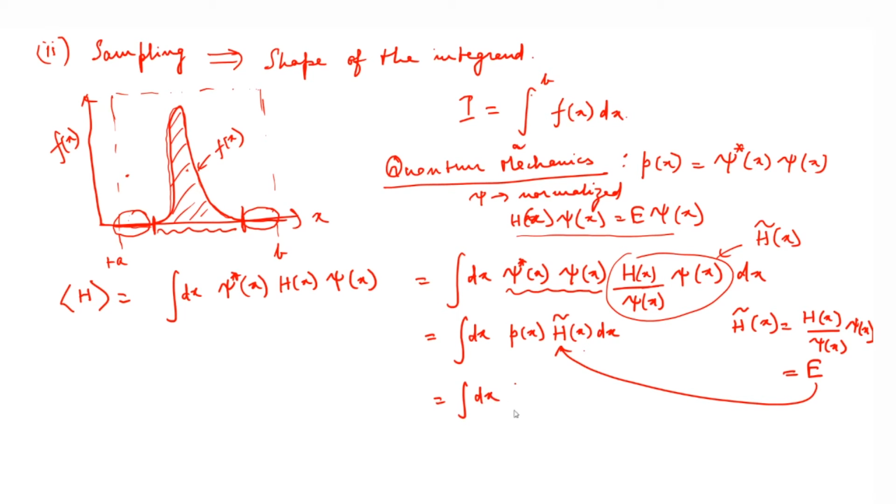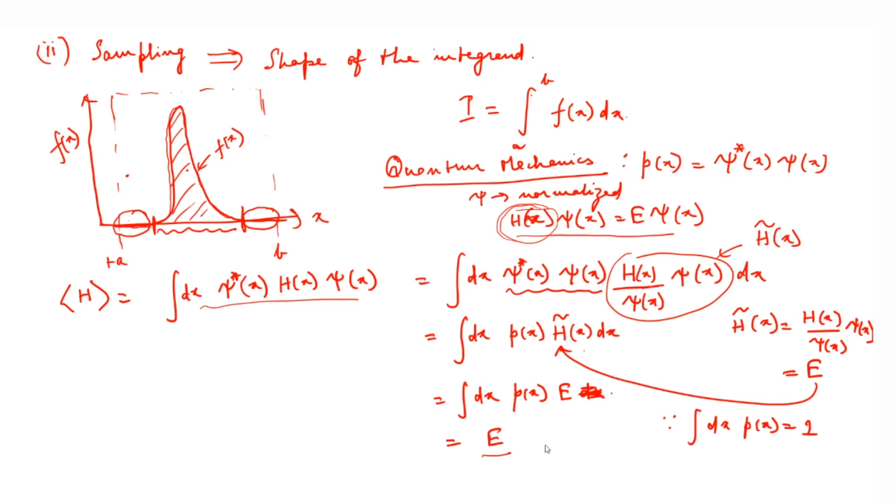My integral is reduced to integration p x E dx, which is nothing but a constant, since integration dx p x is equal to 1 because my wave functions are normalized. So, what it has done is converted a highly non-homogeneous function into a constant. The integrand is quite non-homogeneous here, as you can see, into a constant one.